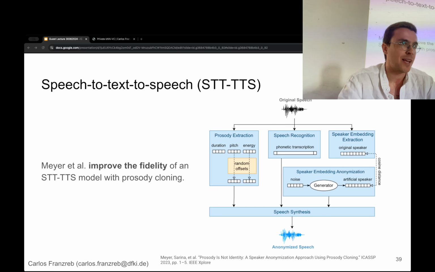Interestingly, they ran this in an older evaluation from the one that we have now, and they didn't need to anonymize this prosodic information to retain the perfect privacy that they achieved with STT-TTS. But now with the newer evaluation, and we will look at the differences between them later, there is a decrease in privacy, meaning that the new evaluation framework is able to exploit the prosodic aspects to identify speakers.